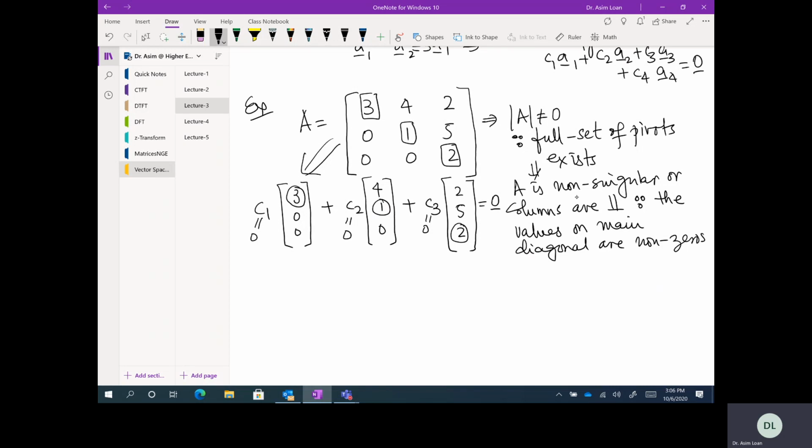So A is non-singular, or the columns are independent. A full set of pivots exists.